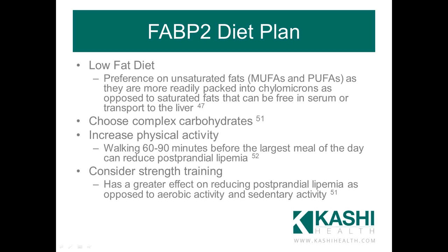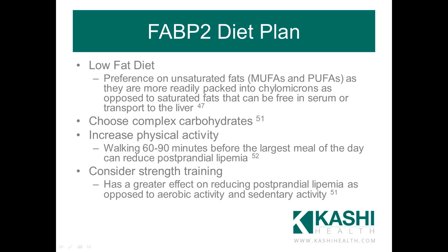What we've designed, because FABP2 has a tendency to increase fat uptake, is of course a low-fat diet with a preference towards unsaturated fatty acids as they are more readily packed into chylomicrons as opposed to saturated fatty acids which may be free in serum or travel to the liver, which can impede insulin health.